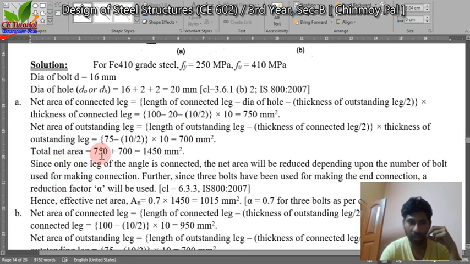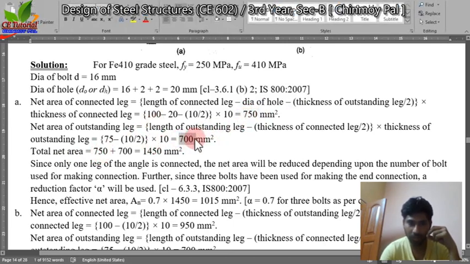Net total area is 750 plus 700, 1450 millimeter square.